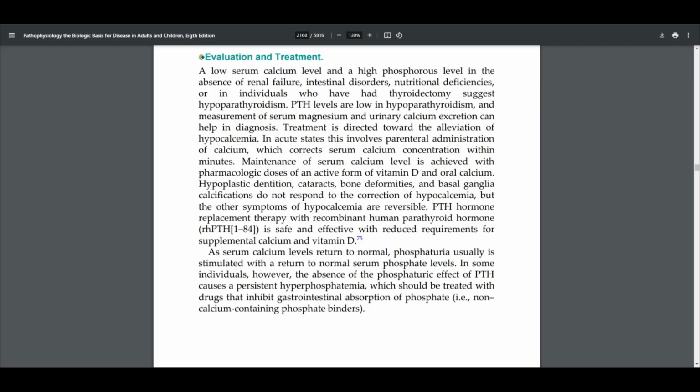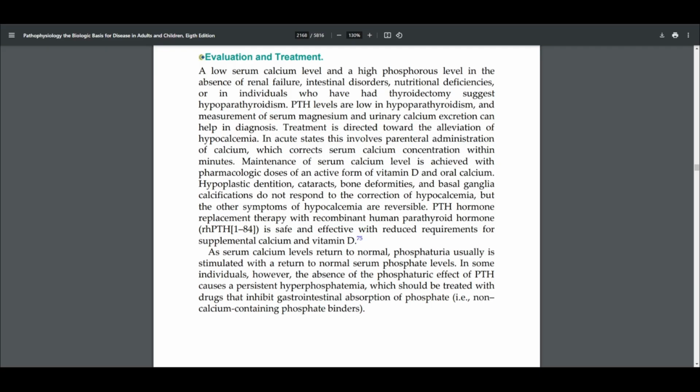Hypoplastic dentition, cataracts, bone deformities, and basal ganglia calcifications do not respond to the correction of hypocalcemia, but other symptoms of hypocalcemia are reversible. PTH replacement therapy with recombinant human parathyroid hormone is safe and effective, with reduced requirements for supplemental calcium and vitamin D. As serum calcium levels return to normal, phosphaturia usually is stimulated with the return to normal serum phosphate levels.